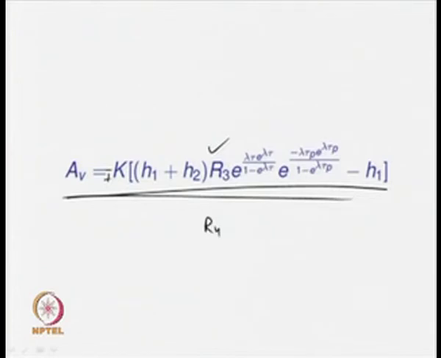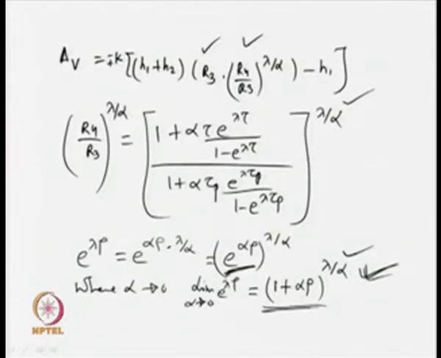R4 upon R3 to the power lambda by alpha is substituted by these two terms now. Where do you get these two terms from? Using this identity, it is easily possible to get this term. I believe that you have followed how I am using it.